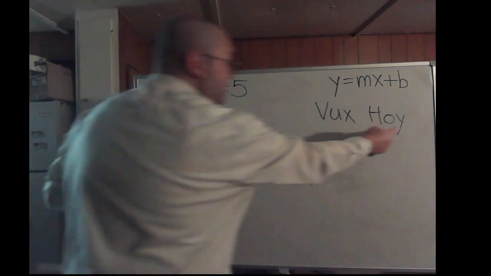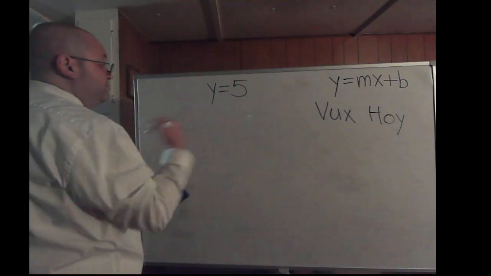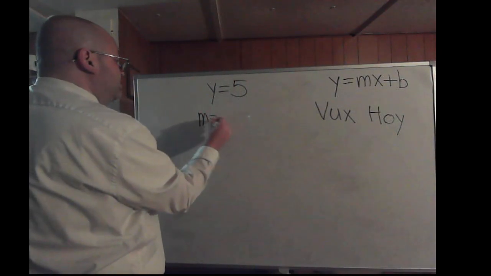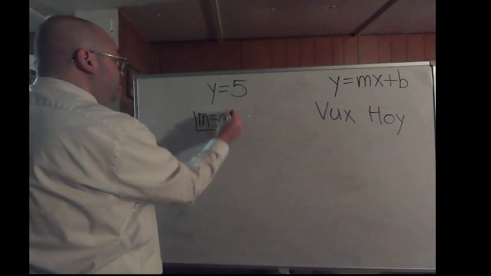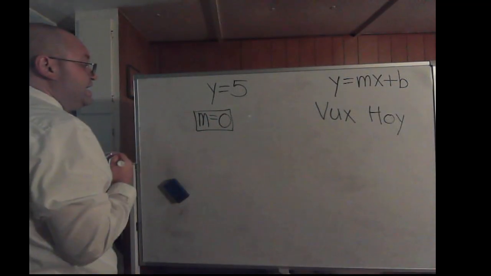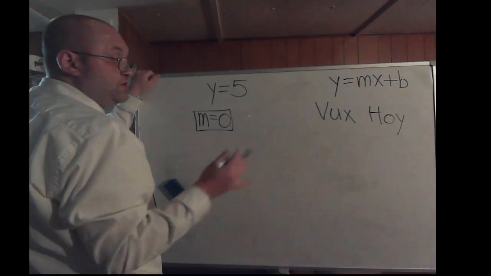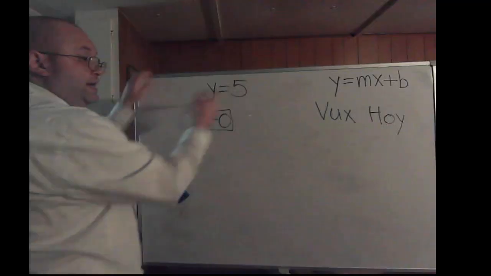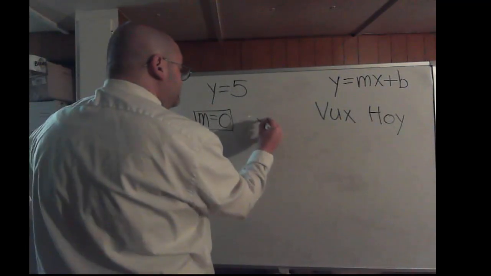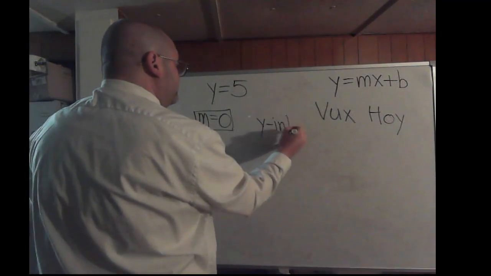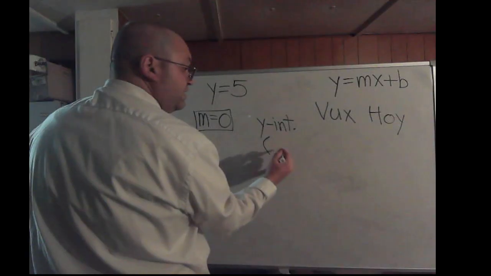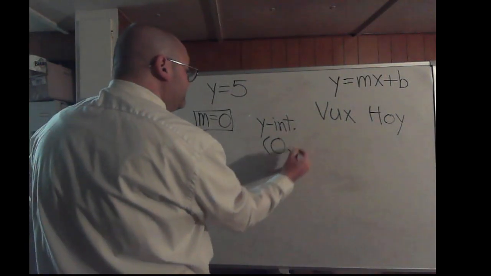Well, y equals means 0 slope. So automatically your slope is 0. Okay? Now, as far as the y-intercept, it gives it away. y equals 5. So the y-intercept occurs at 5, therefore the coordinate of your y-intercept is (0, 5).